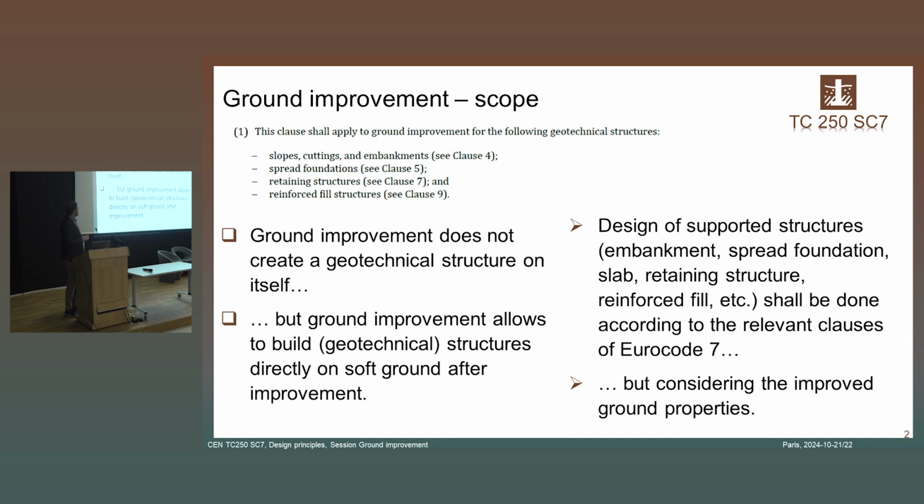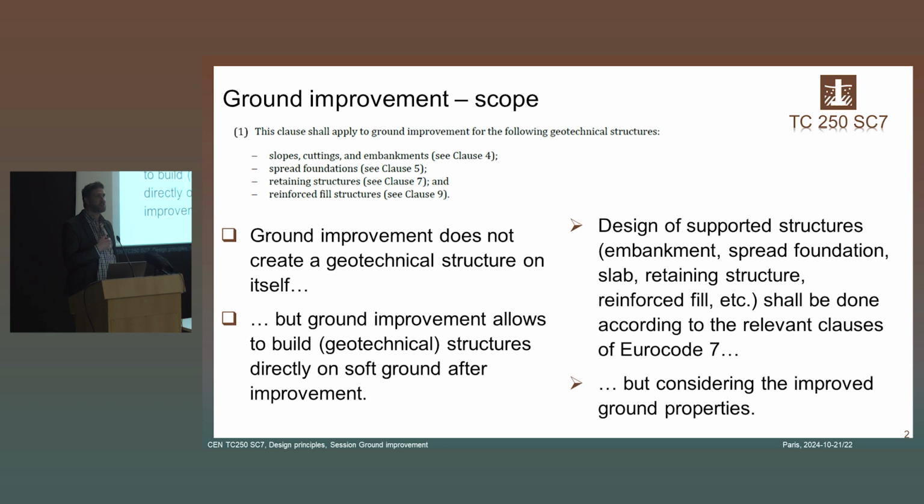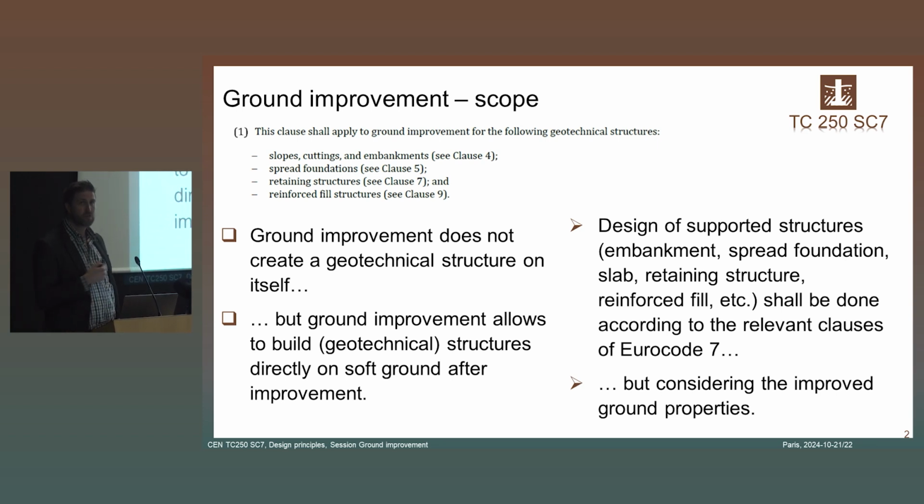First of all, we can question the scope of this chapter, because with ground improvement we do not create a geotechnical structure in itself, but we allow to build on soft soil, generally presenting very poor mechanical characteristics, and thus the design of the structure supported by the soil which has been improved has to be designed according to another clauses of the Eurocode 7 part 3.